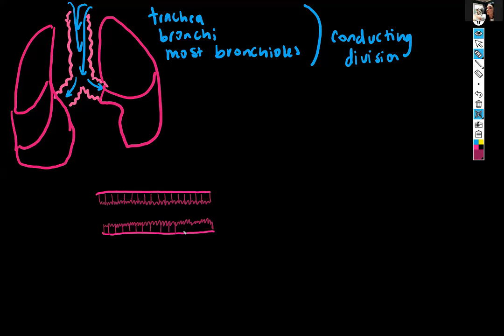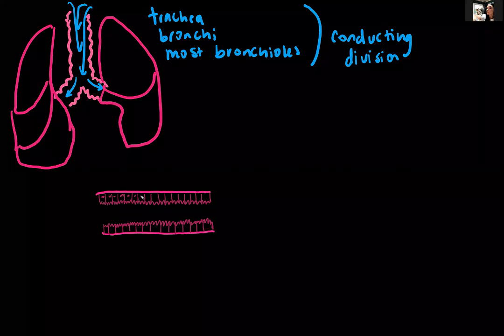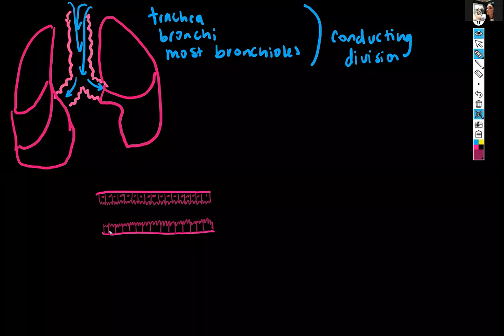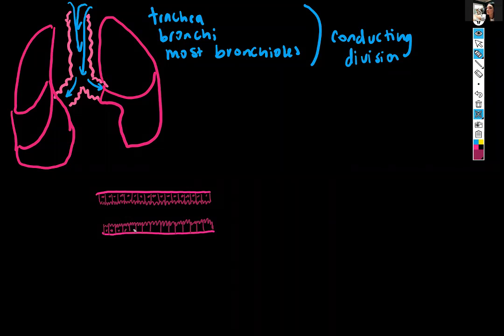Apical surface means in an epithelium, the side of the cell that faces the lumen, not the side of the cell that faces away. So because I've drawn it all squiggly, that's me trying to tell you that this is a ciliated epithelium.